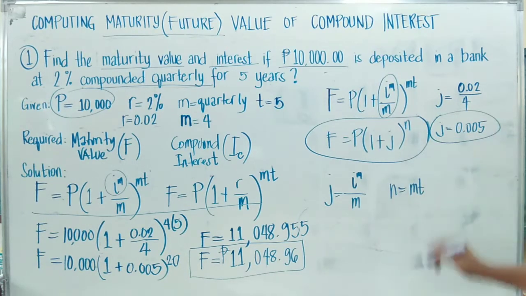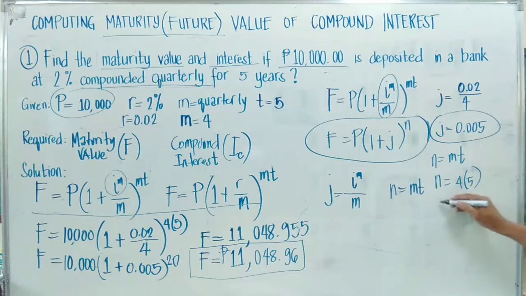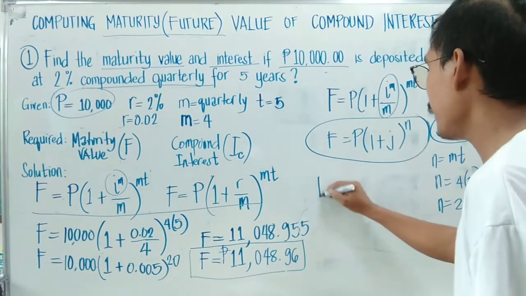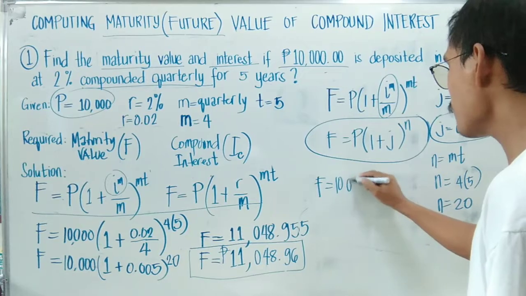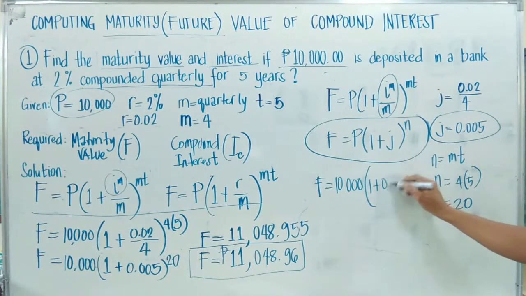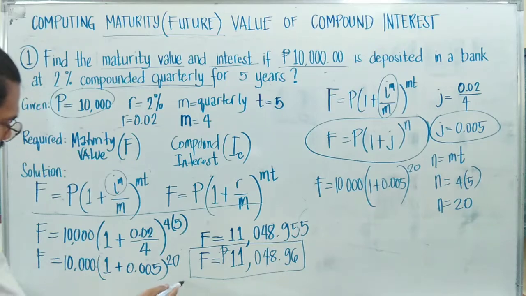And N is equal to mt. In our first example, mt is 4 times 5, so N is equal to 20. It's just like putting this: F equals 10,000 times 1 plus 0.005 raised to 20. It's just like this one.